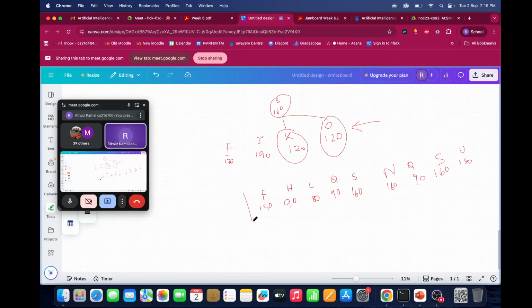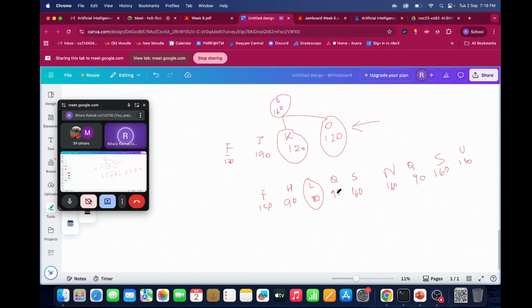So out of all these, which two are the best looking possible solutions? One is L, right, because this has 80 cost. And what could be the second part of the beam? Sir, Q. Q, but see, multiple of them have cost 90, right?